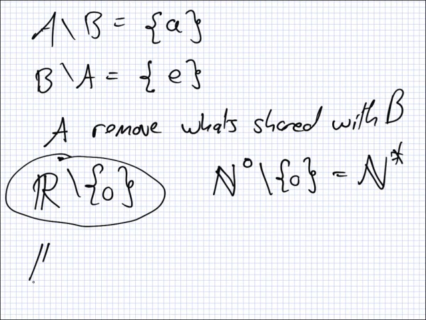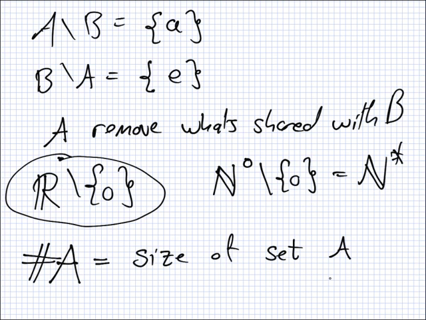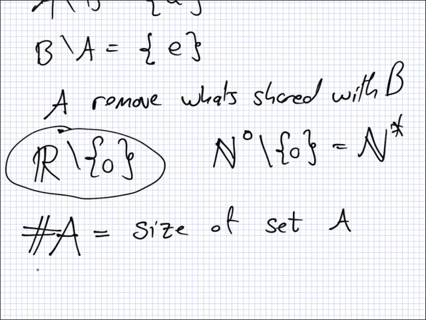Okay. And maybe you know this symbol here. I was waiting for someone to say that so I could. Right, what's this meaning? Yeah, this is the size of set A. So for example, 1, 2, 3.